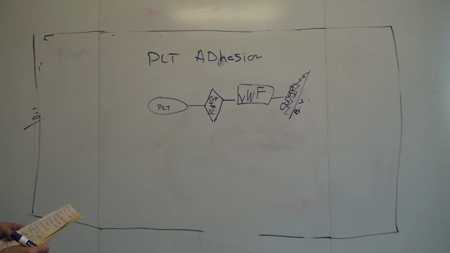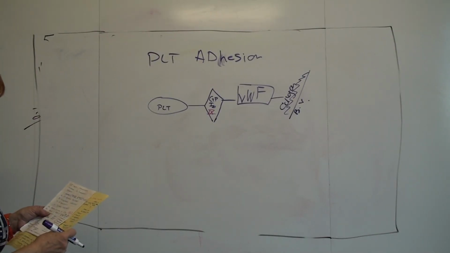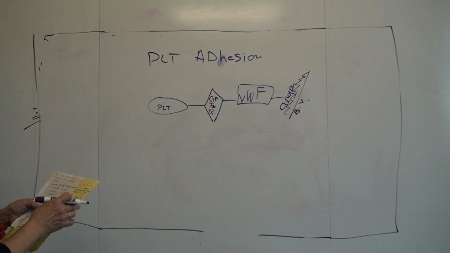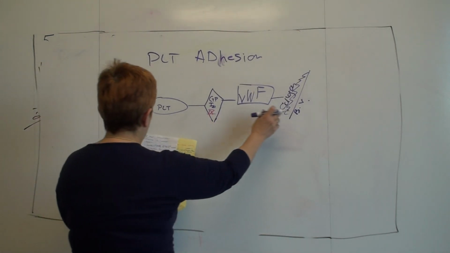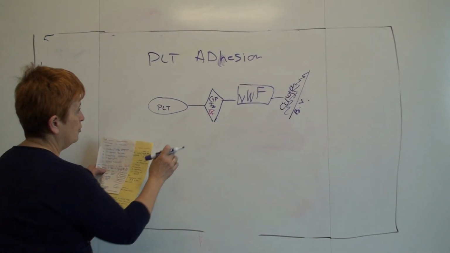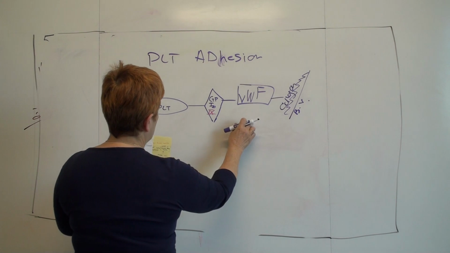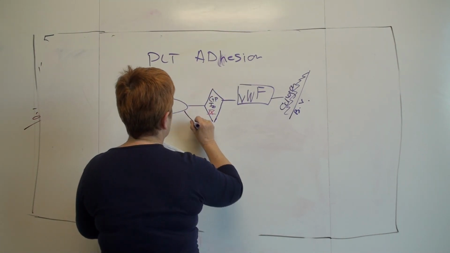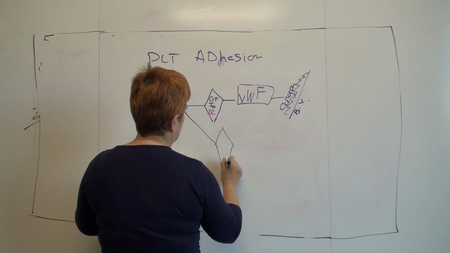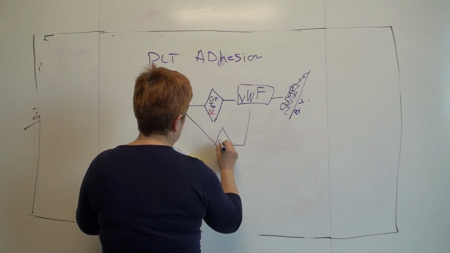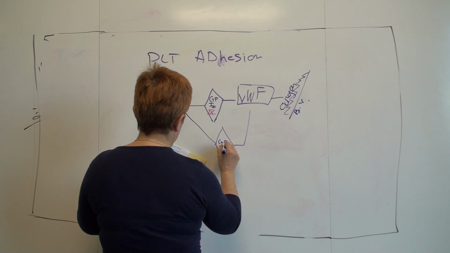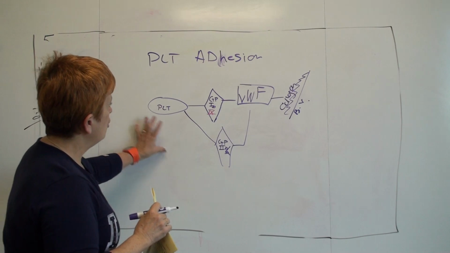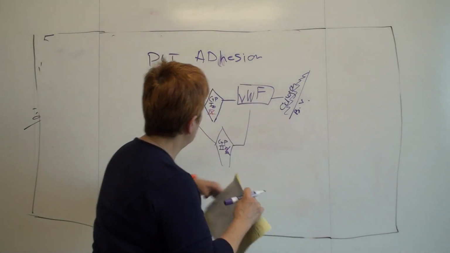Now remember, how did it attach to your collagen? That was the 1B. And how is it also going to attach to your von Willebrand's? This is also going to be with your GP2B3A.